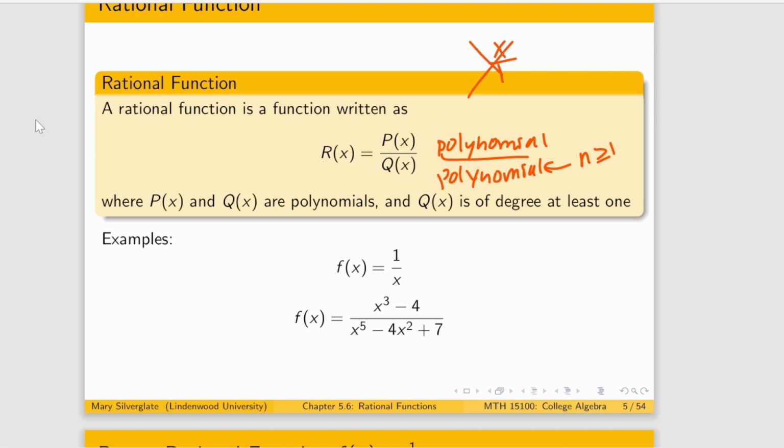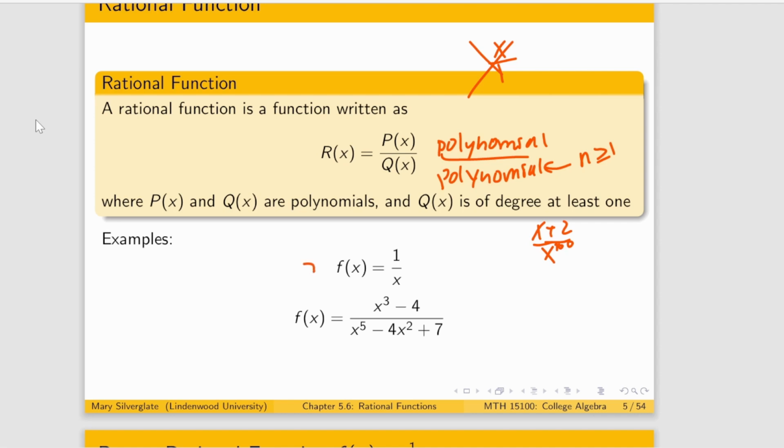That's sort of cheating by making the degree on the bottom 0. So you need to make sure the degree on the bottom is at least 1, so I at least have an x on the bottom. Could be something more interesting like an x to the 100th power or whatever, but at least an x on the bottom, and then I can have whatever degree polynomial I want on that numerator on the top of the fraction. So it could just be a 1, it could be an x plus 2, whatever it might be.